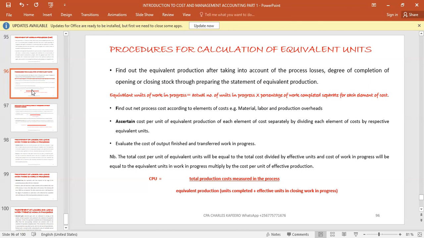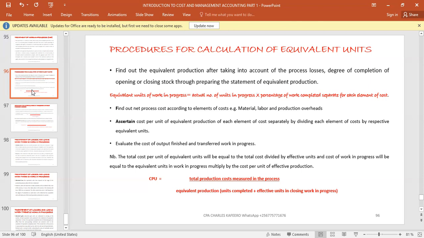So we specifically look at how the opening work in progress is completed in terms of the percentage of completion that will be given in the question, and we first finish that.